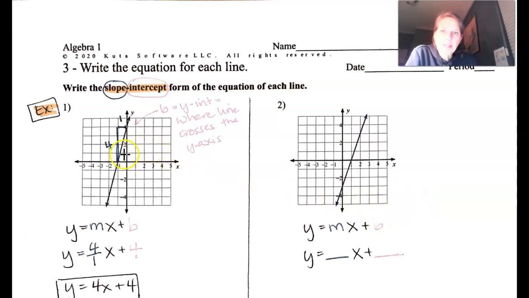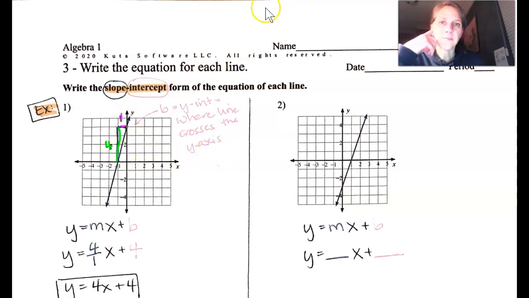So we just need to find the slope and the y-intercept. The slope is the rise. I'm going to use the same colors that I did in the last video. Here's the rise, and we went up 4. Then we have the run, which is just over 1.